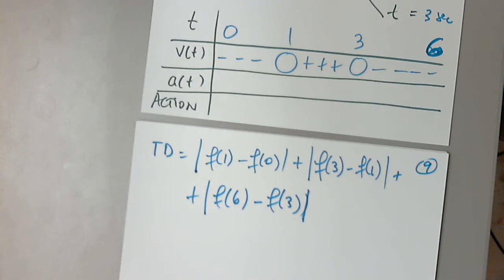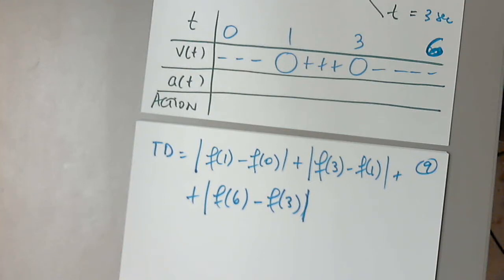And the function is -6 t cubed plus 36 t squared minus 54t.